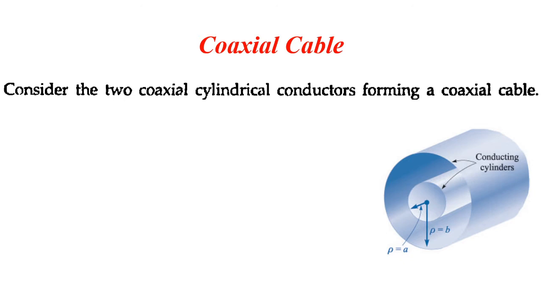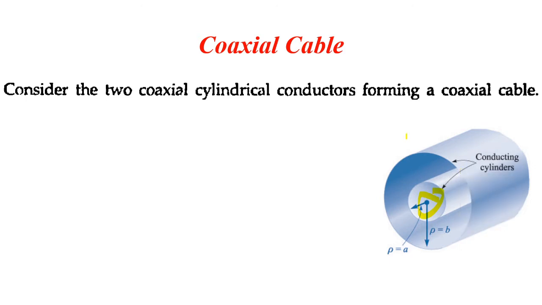To imagine the coaxial cable, we imagine it consists of two coaxial cylindrical conductors. One is the inner conductor, the other is the outer conductor. This is our inner conductor and this is our outer conductor.